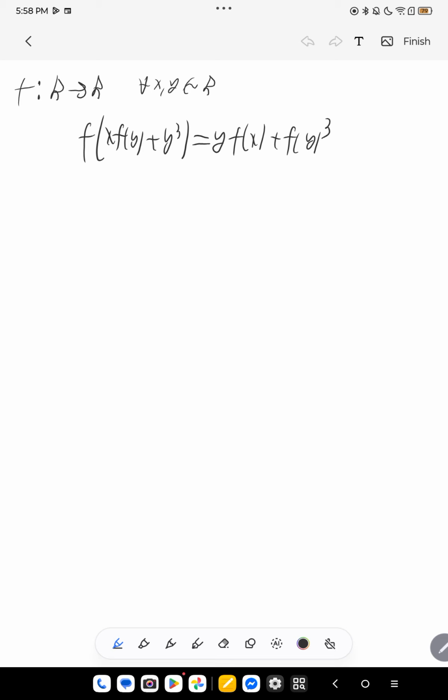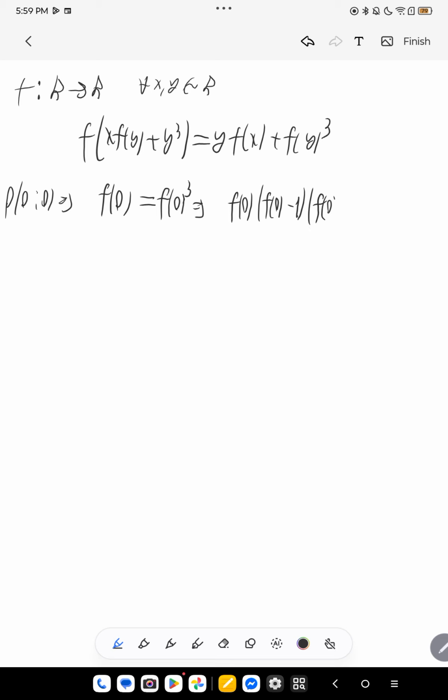Let's start. At first we are going to put zeros. So we get f(0) equals f(0) cubed. This is the same as f(0) times (f(0) minus 1) times (f(0) plus 1) equals 0.